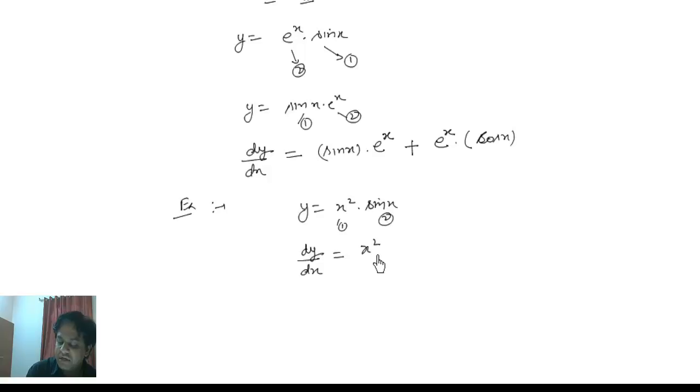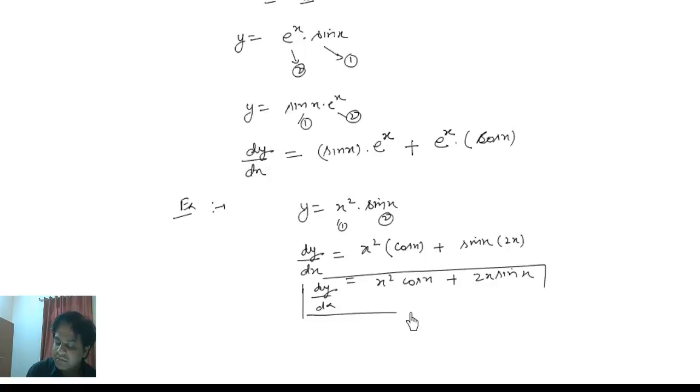So I kept x square as it is, the differentiation of sin x is cos x, plus sin x as it is, and the differentiation of x square is 2x. So your answer is simply x square cos x plus 2x sin x. This is dy by dx. So this time it is your answer.